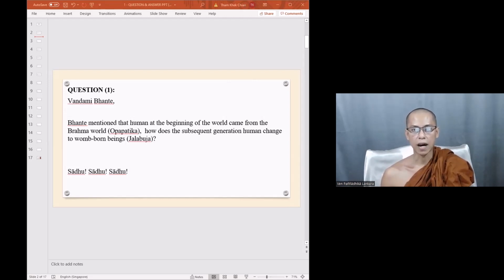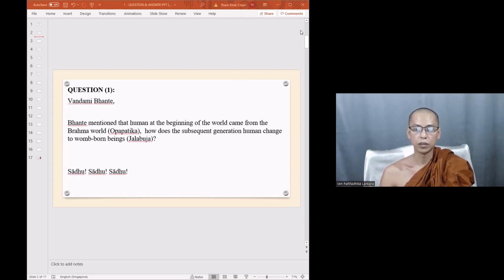Before that time, all the beings are born as Opapatika. Opapatika means spontaneously born beings. All the human beings at the beginning of the world are Opapatika, and it continues up to the time when they develop sensual craving in their process.